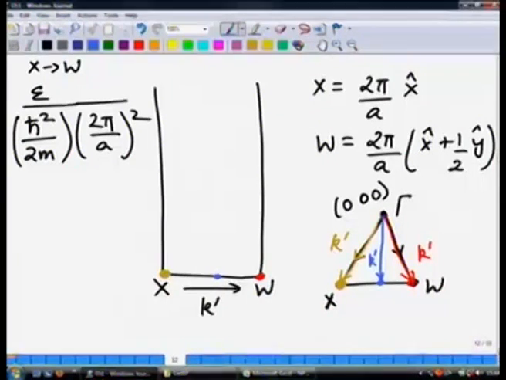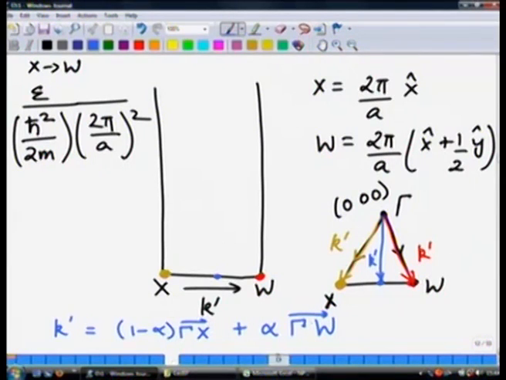So what is the k prime vector? Essentially we can write it down for x to w. This k prime vector can simply be written as 1 minus alpha times the gamma to x vector plus alpha times the gamma to w vector.